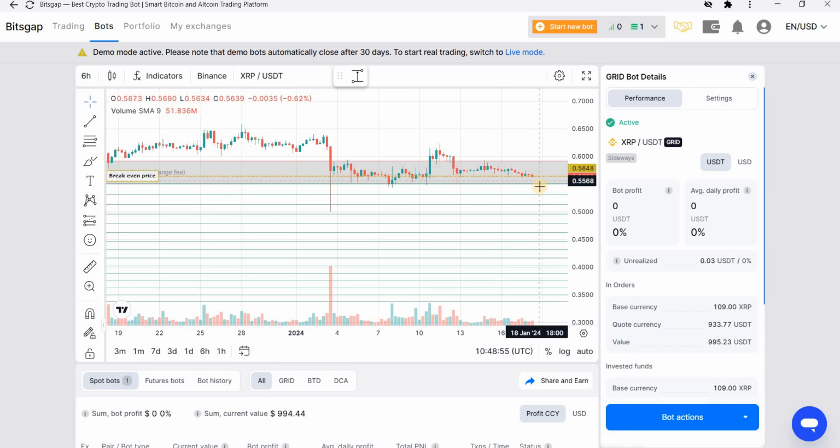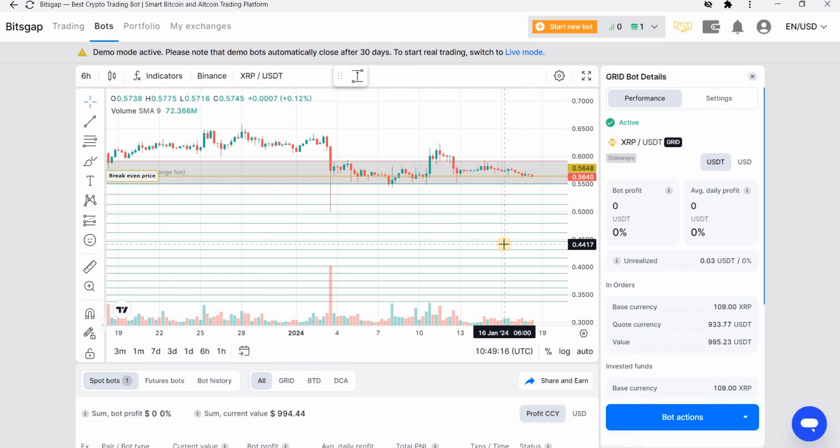So we're just waiting for it to go down below that first green line. It will then purchase a trade, and then if it goes down again, it'll just buy another one, and then when it goes up, it will sell it at these lines at those points.